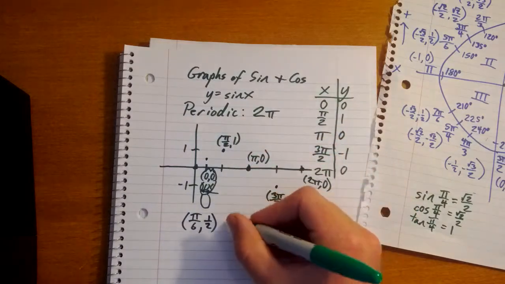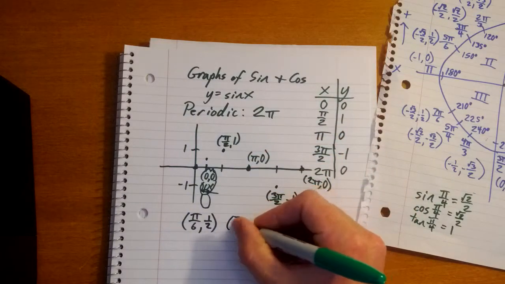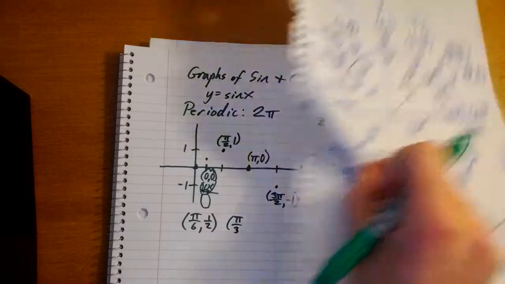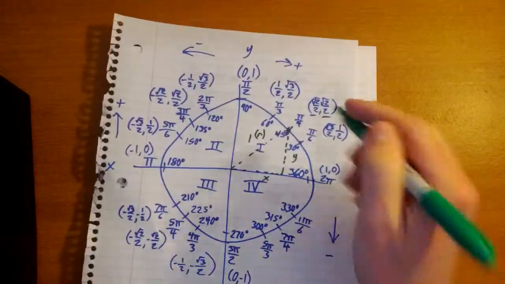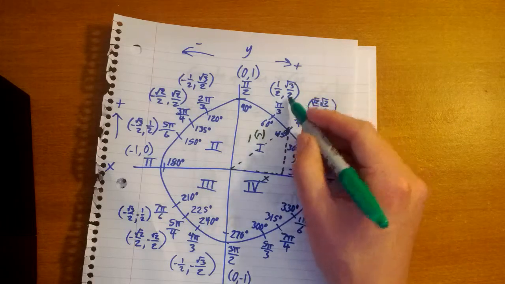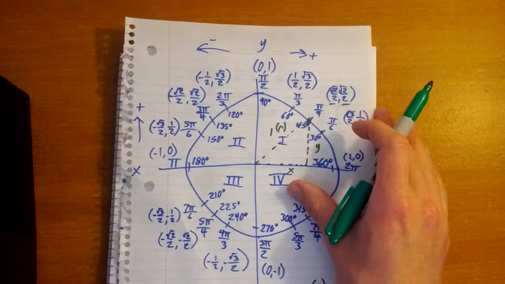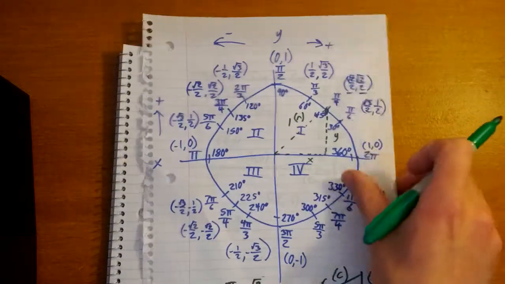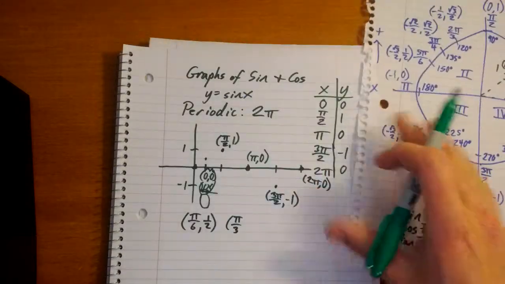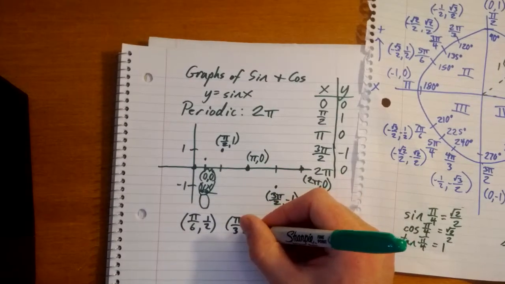How about pi over 3, to add a little more detail? What is sine of pi over 3? It's the y value, so it's square root of 3 over 2, which is more than 1/2.